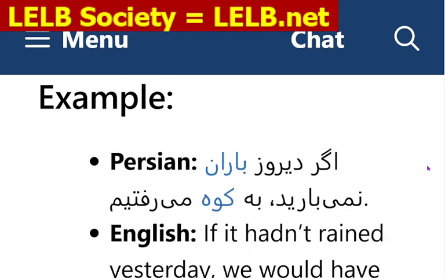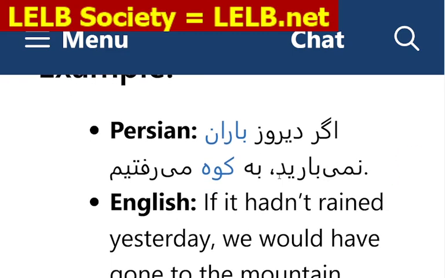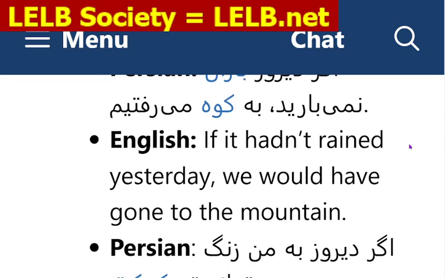For example, اگر دیروز باران نمی بارید به کوه می رفتیم. If it didn't rain, so I should correct this part, it must be rain without ed. It hadn't, past perfect tense. If it hadn't rained yesterday, we would have gone to the mountain.